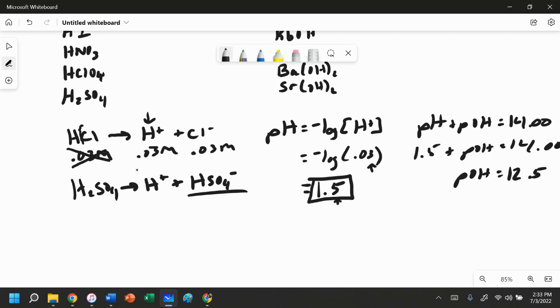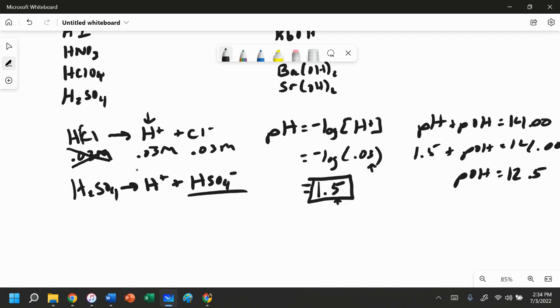That is more complicated, and that starts getting into weak acid territory, and so we're not going to do any calculation with H2SO4. Same thing with the bases. We're only going to look at monoprotic bases, bases that only accept one hydrogen ion or only lose one hydroxide ion. So let's look at bases.